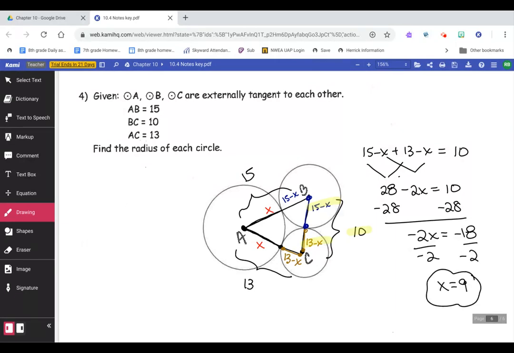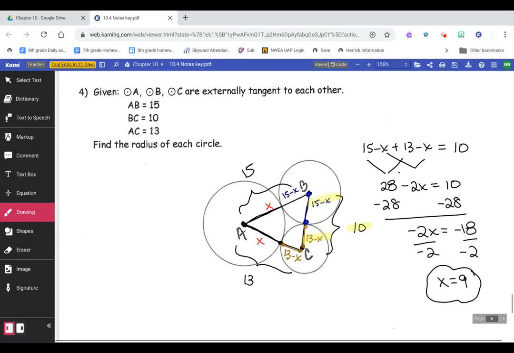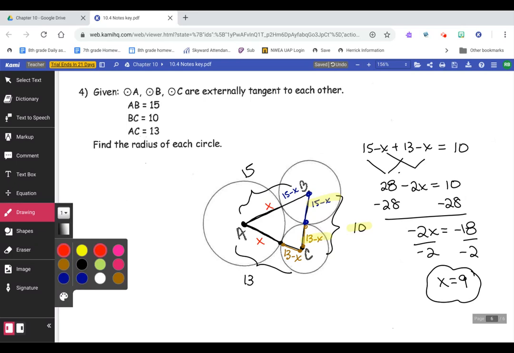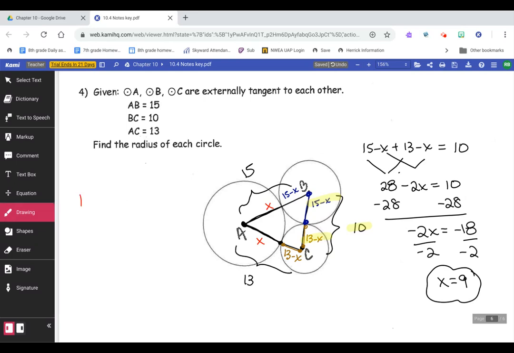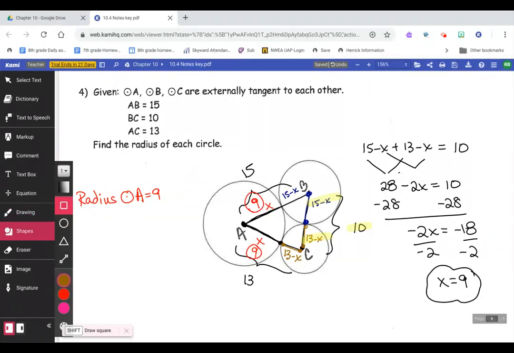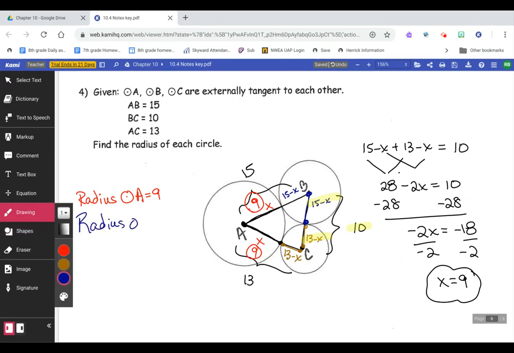So now let's plug that in and see if it works. If X is equal to 9, then we're saying that the radius of circle A is going to be 9. So this is going to be 9, and this is going to be 9. That means the radius of circle B is going to be 15 minus X. So 15 minus 9 is equal to 6.